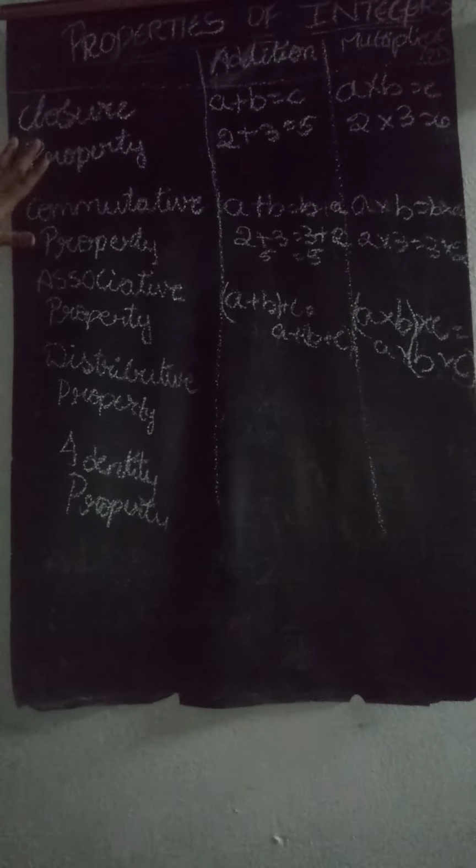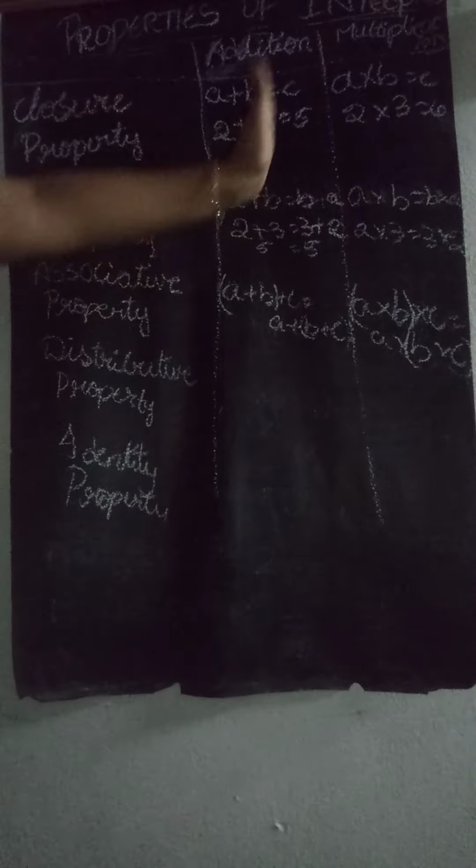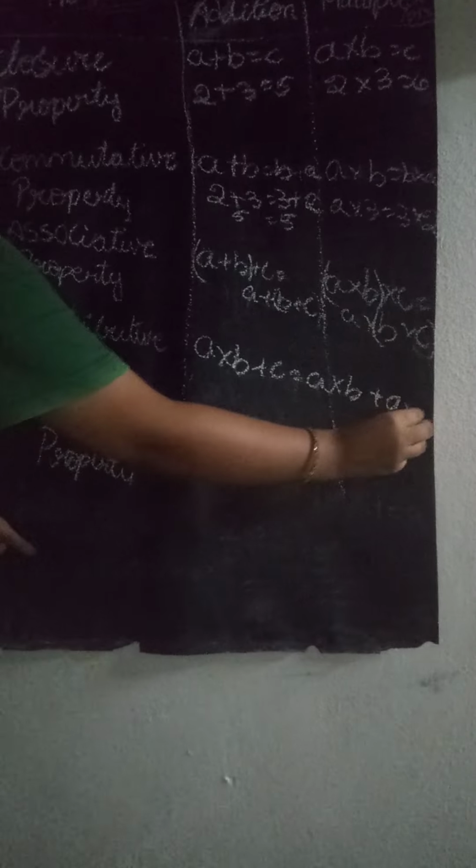Now coming to distributive property. Here we had addition separate and multiplication separate, but for distributive property, addition and multiplication come together. For example, A into (B plus C) is equal to A into B plus A into C. Let us take an example where A is a teacher and B and C are the students.